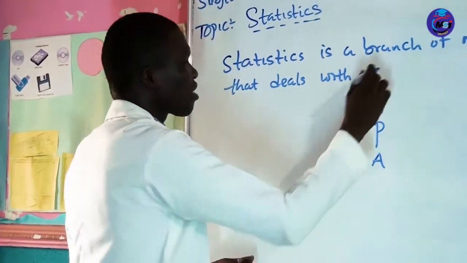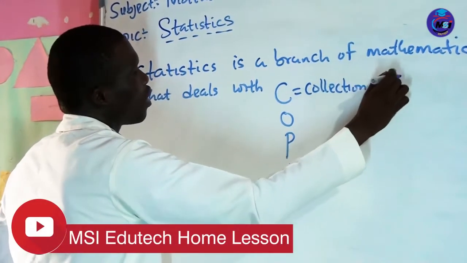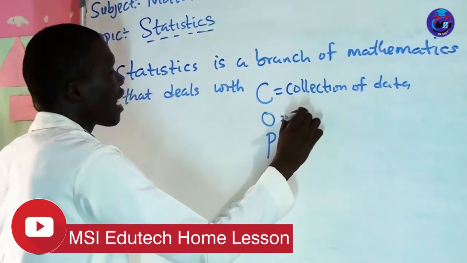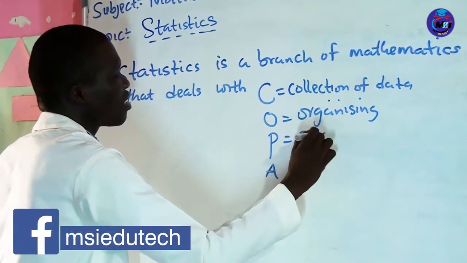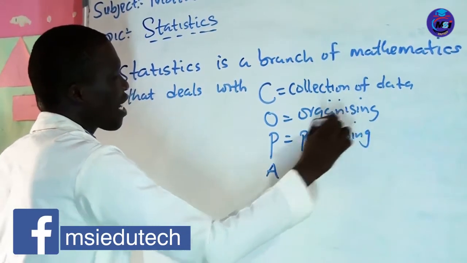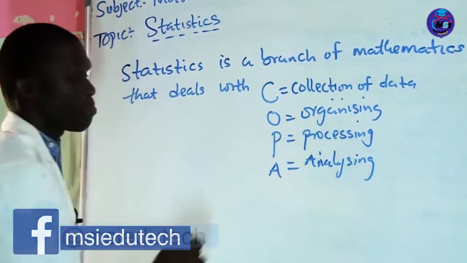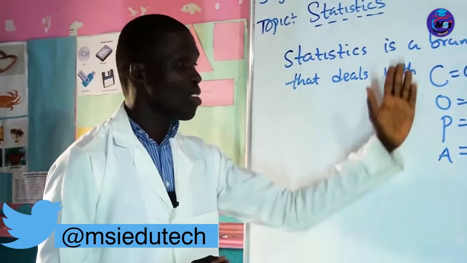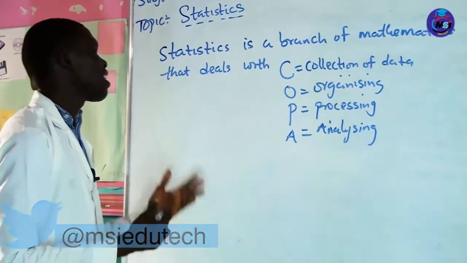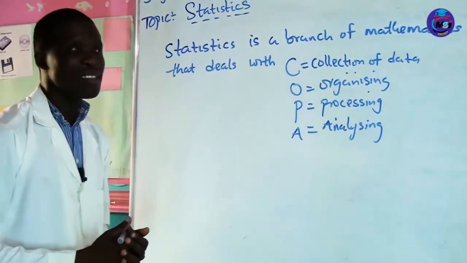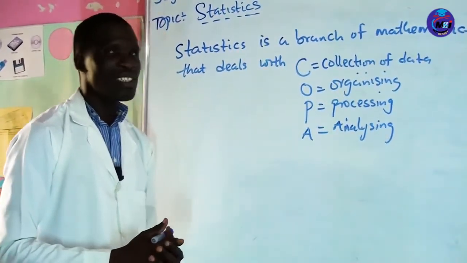It deals with collection of data, organizing data, processing data, and analyzing data. So this is what we call statistics. You can use this method to define statistics. So statistics is a branch of mathematics that deals with collection of data, organizing data, processing, and analyzing data.